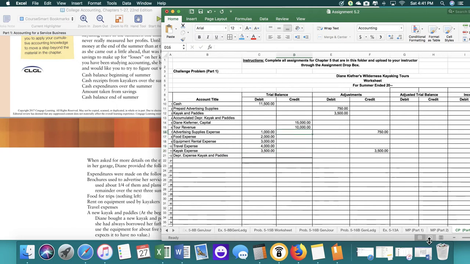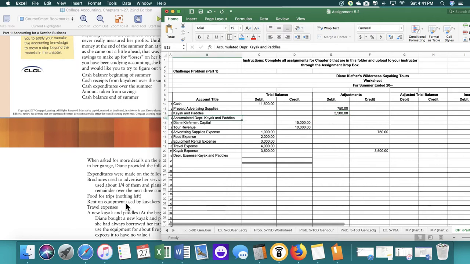She purchased an asset instead. Part of your job on this problem is to correct entries, so correct the mistakes that she's made, but also make sure everything is adjusted properly. So it's going to be a little tricky.